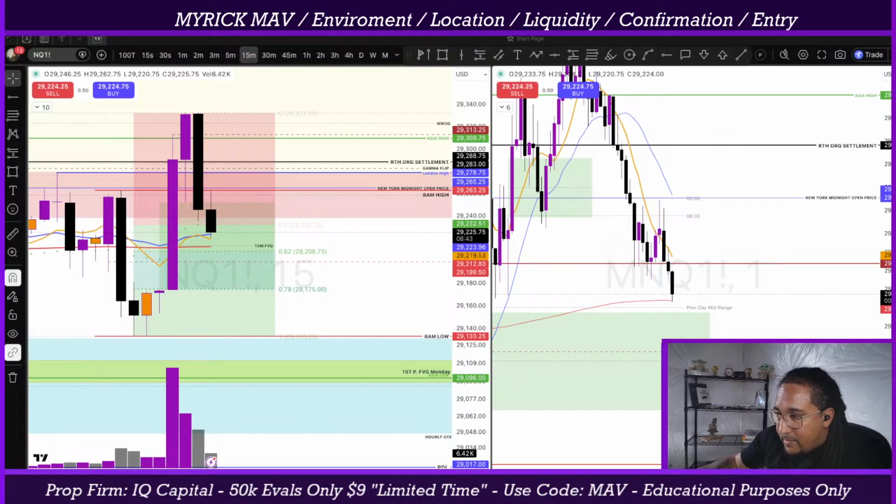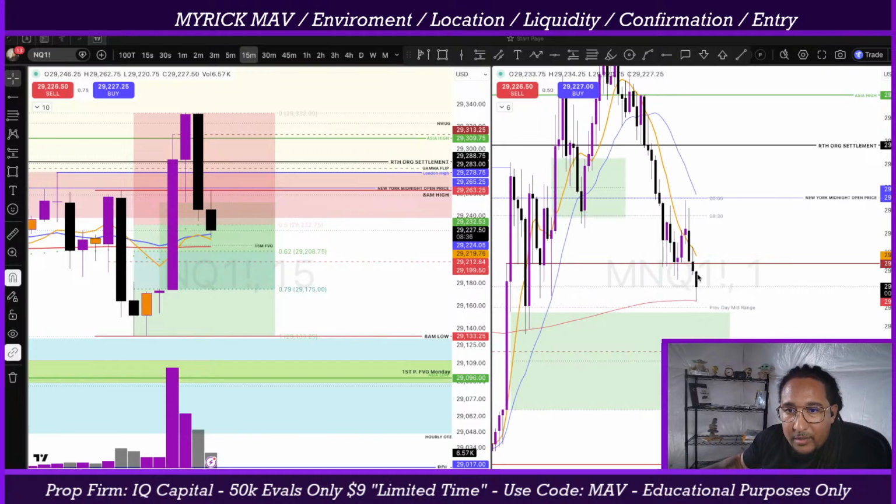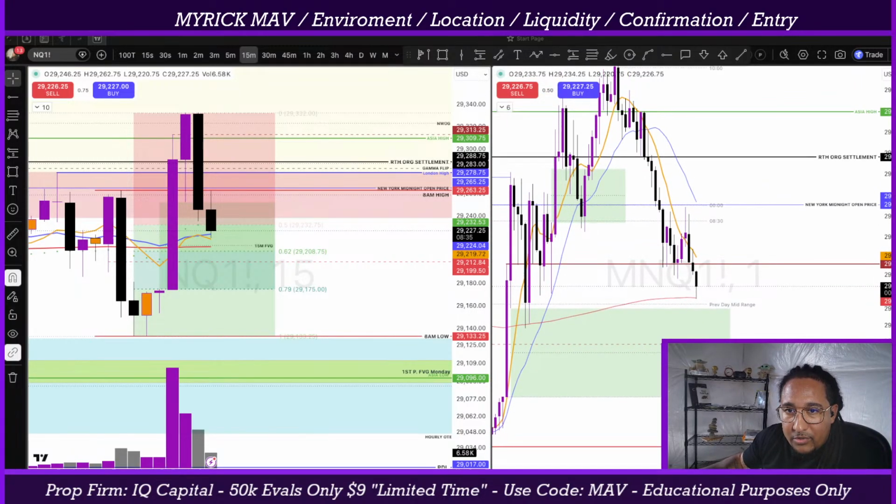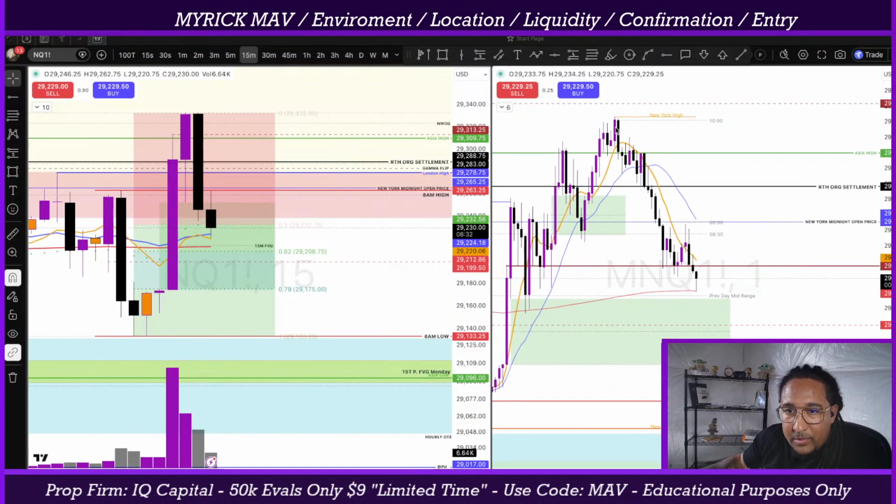We're fighting our way back. We got ourselves in a little bit of a hole this morning, entering a little bit early. We are on the right side of the trade, looking for those longs. We just kind of entered a little bit too early. I think ultimately we'll go down to this 9:30 open price, but we will be responsible with our entry.